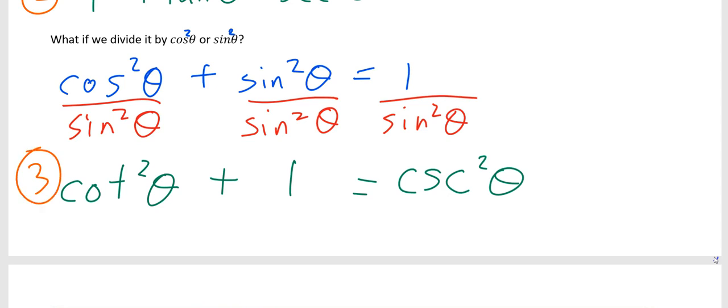And yes, you'll get that formula too. What you won't get is this. What is cotangent squared theta equal to? If I were you, I'd use the one right above it to help you.